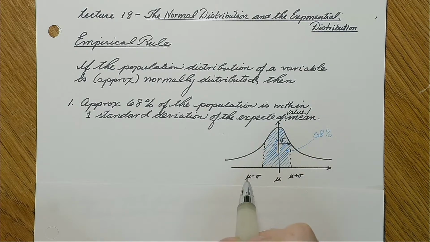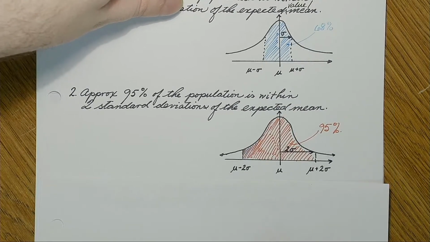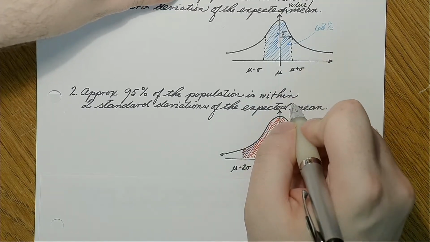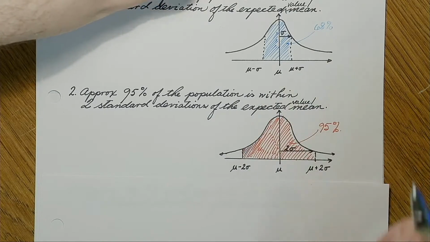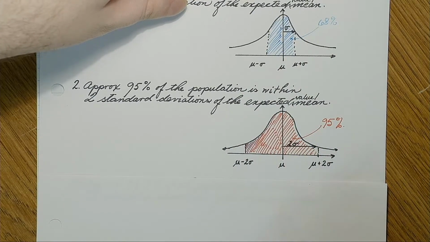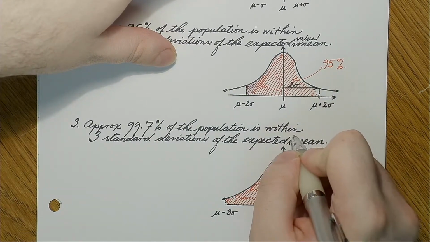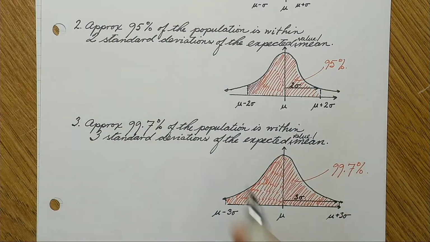And again, here's the mean, and it's within one standard deviation, and it's 68%. So that's what this illustrates. Same thing, if there's two standard deviations, then it's 95%. And if we go out 3 standard deviations, we get close to almost 100%. So 99.7% of the population is within 3 standard deviations of the expected value.